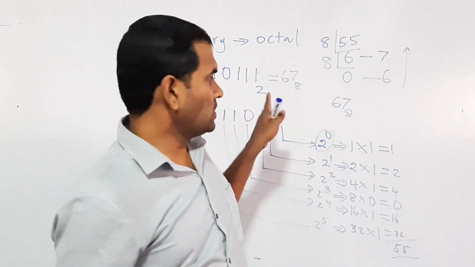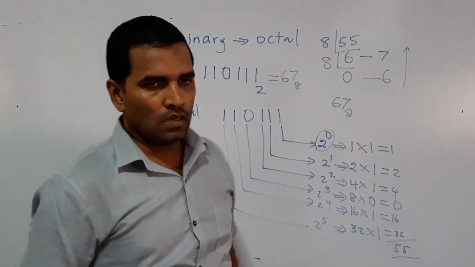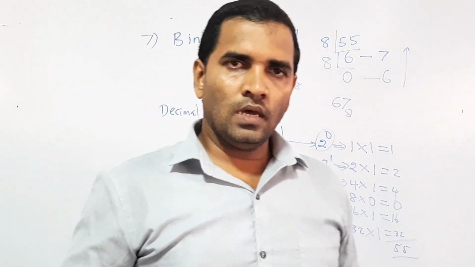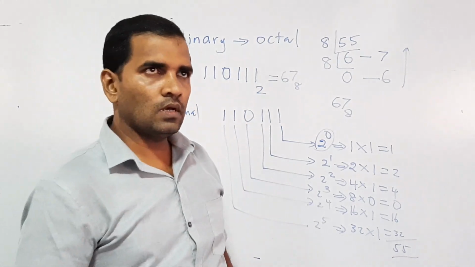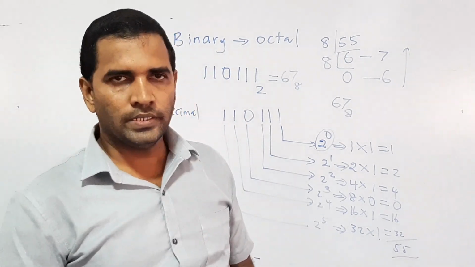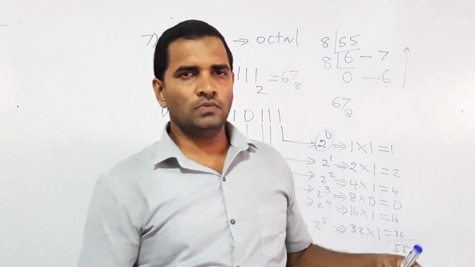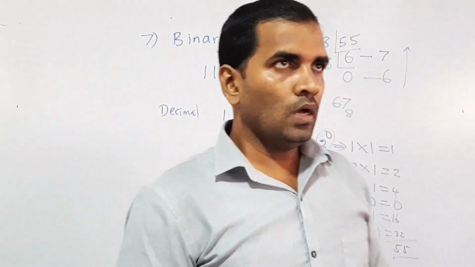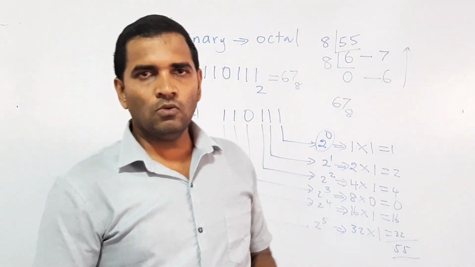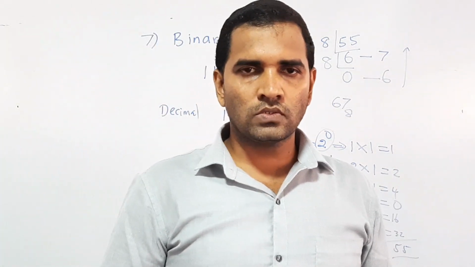But you can notice here, to convert this binary into octal, firstly I converted into decimal. Thereafter, I converted the decimal into octal. So you might have observed that I have taken more time. At the same time, I have done many calculations because we were working with 2 different conversions.